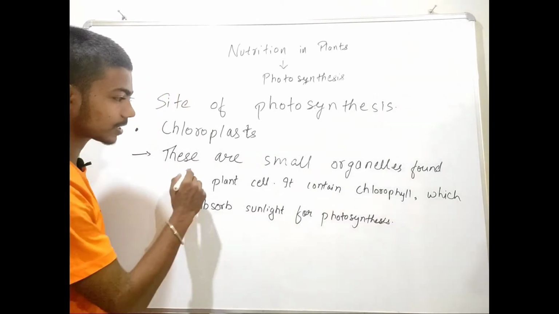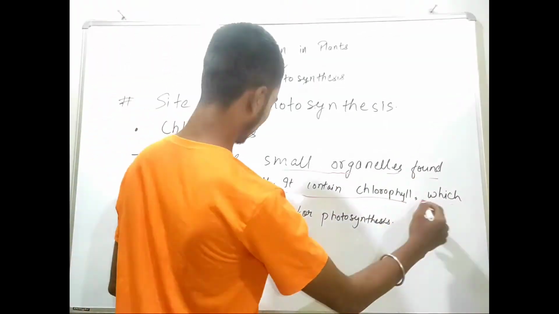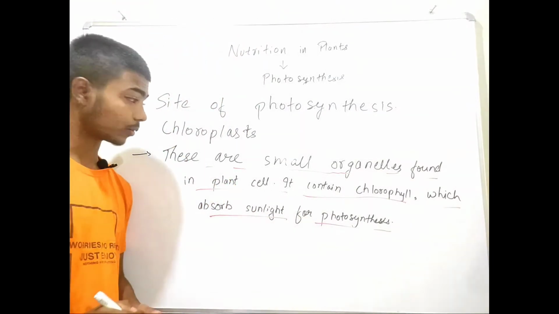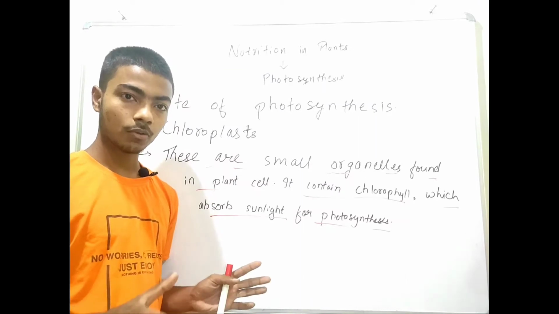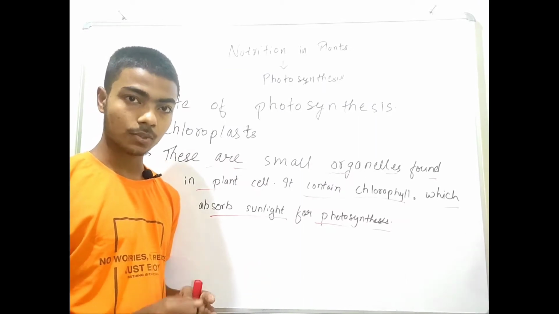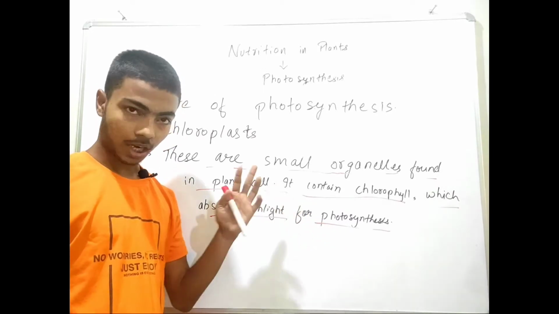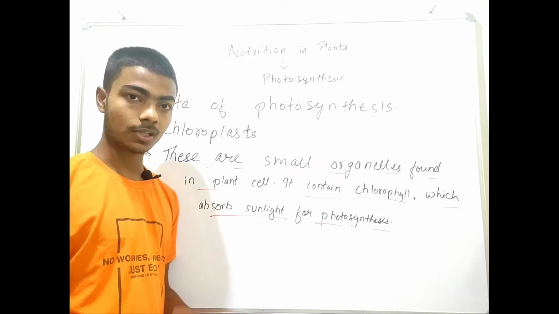What is chloroplast? These are small organelles found in plant cells. It contains chlorophyll which absorbs sunlight for photosynthesis. Chloroplast is a small organelle found in every plant cell which contains chlorophyll which absorbs light energy, sunlight from the atmosphere, and converts it into chemical energy which breaks down water molecules.